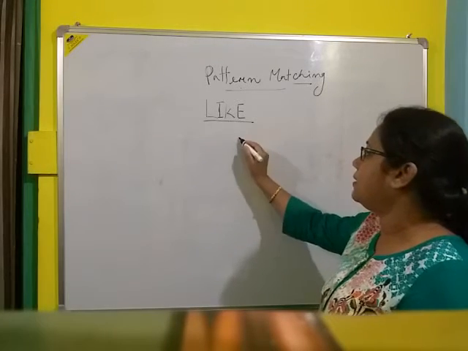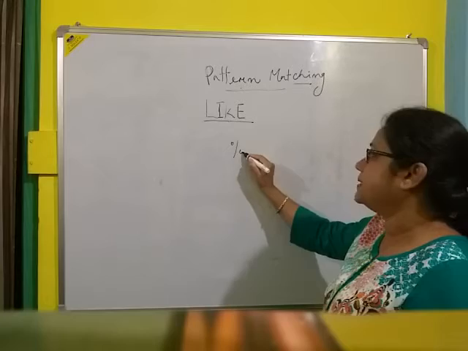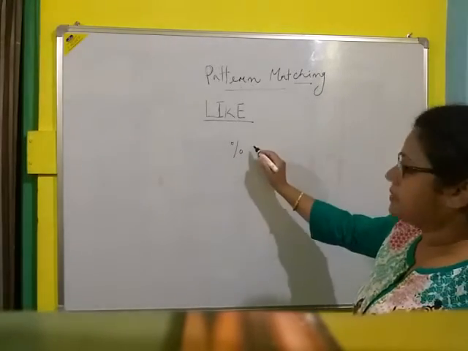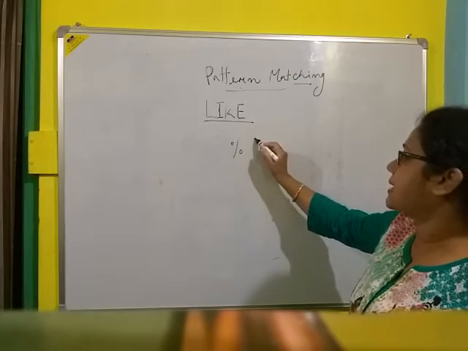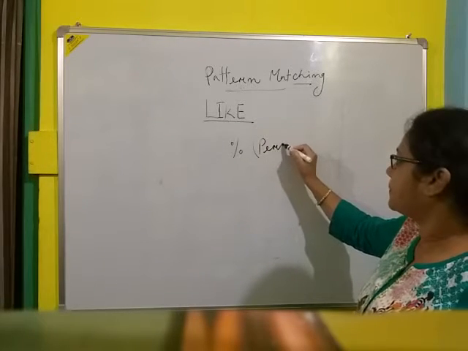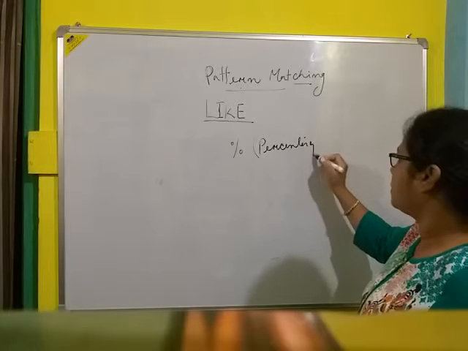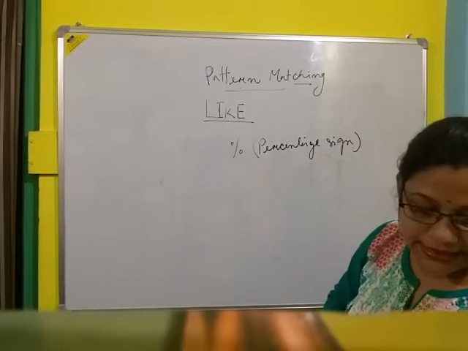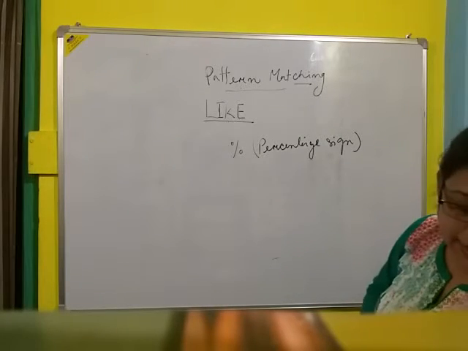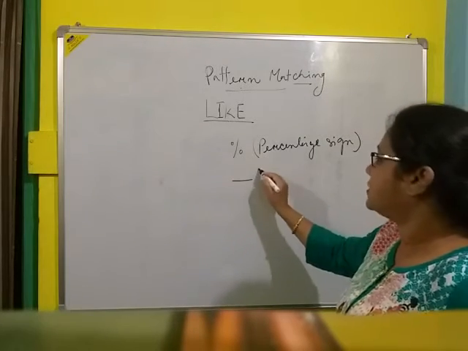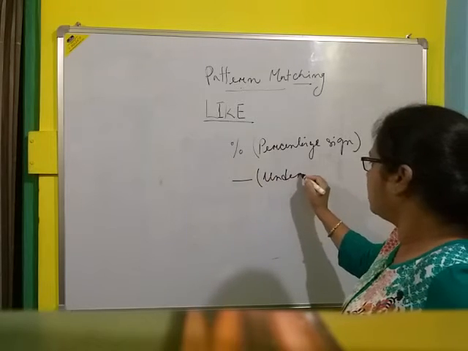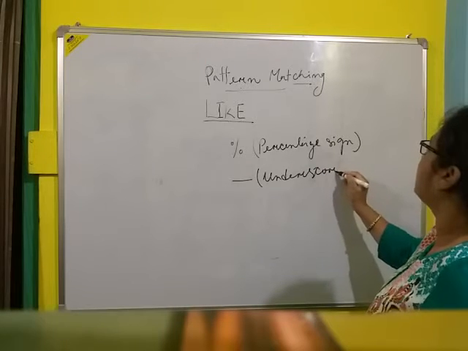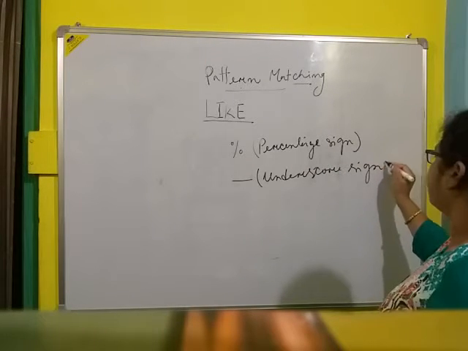The first wildcard character is the percentage sign, and the next one is the underscore sign.